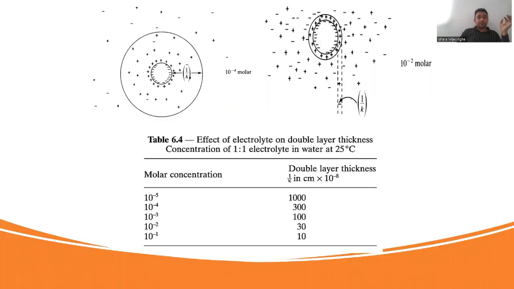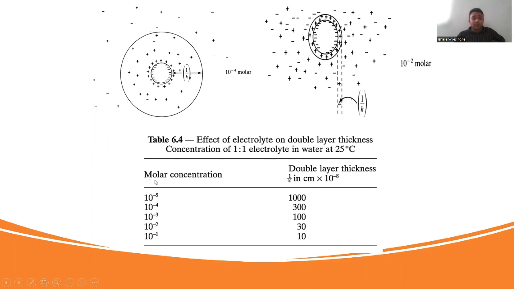This is another example of what will happen: the effect of electrolyte on double layer thickness, where κ is the inverse Debye length 1/κ. Concentration of 1:1 electrolyte in water at 25 Celsius. You can see everything is explained well, temperature and concentrations, then ratios.